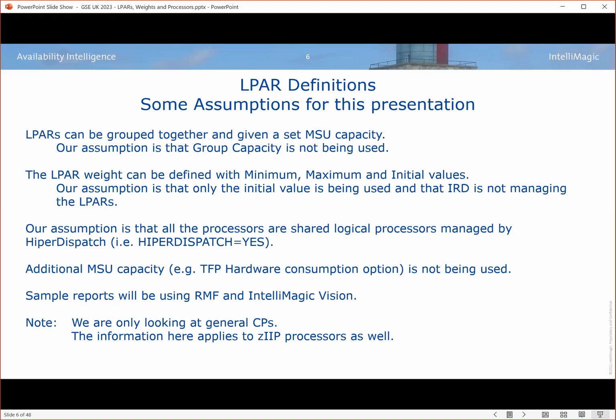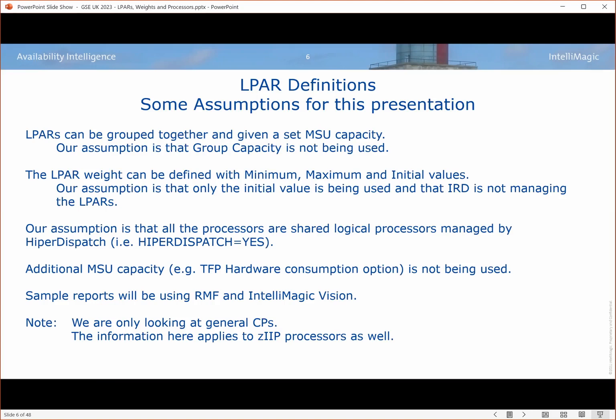So what I'm looking at when I look at an LPAR weight definition, I'm looking at the initial value, okay? I'm also assuming that we're using logical processes, i.e. hyperdispatch equals yes. Another assumption is that in your installation, you're not using something like TFP hardware consumption, where you can change the amount of MSUs you have available. Okay, so there are a lot of assumptions here, but we have to start simple as far as I'm concerned.